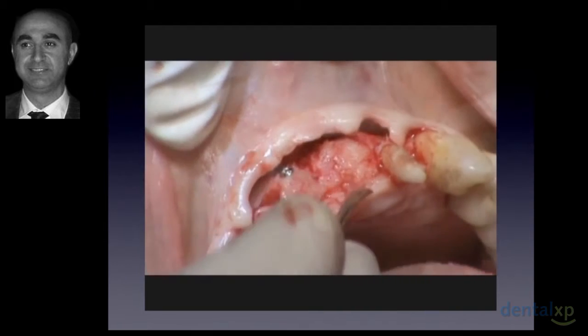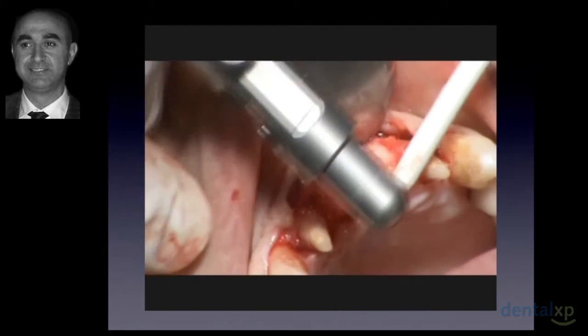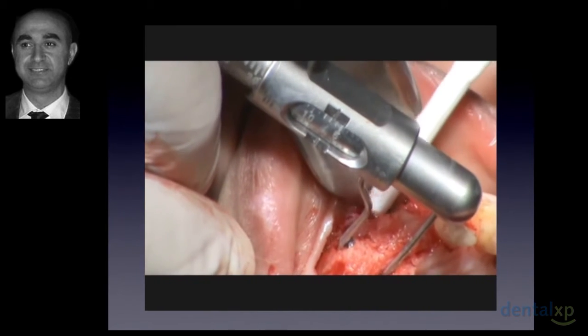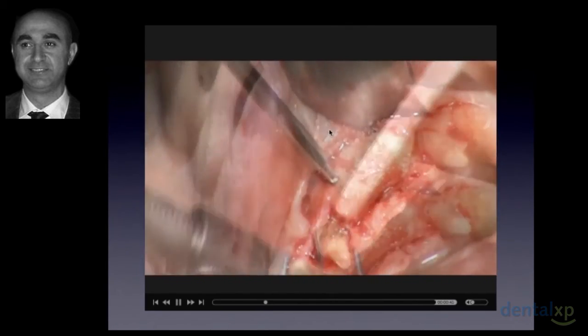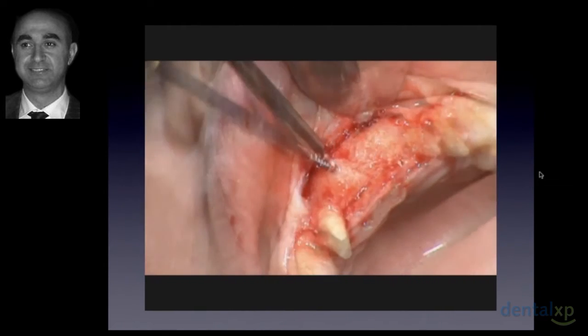You can see the bone blocks in place, attached, fixed, and with a bone gauge we're measuring the amount of bone available, which read around 7 to 8 millimeters.